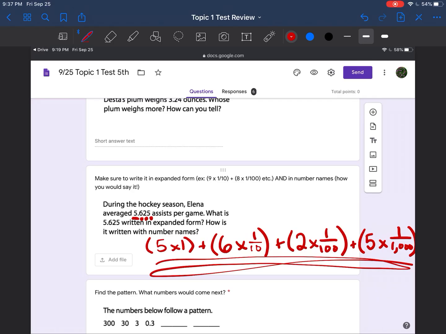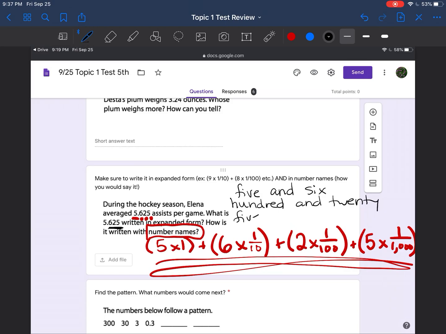Then the last part was written in number names. And basically what that means, write it out loud. So for example, it is 5 and 600, because we just say the number after the decimal, 625, and the 5 is in the tenths, hundredths, thousandth spot.